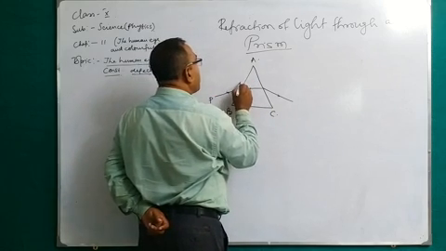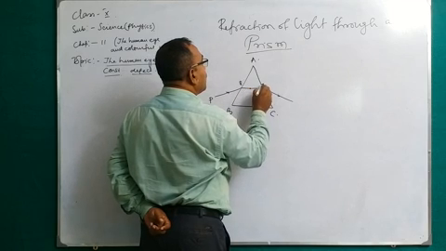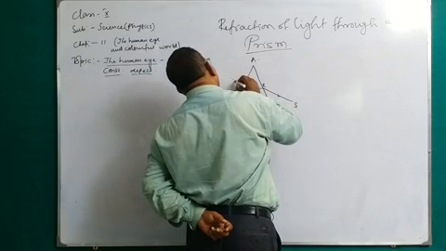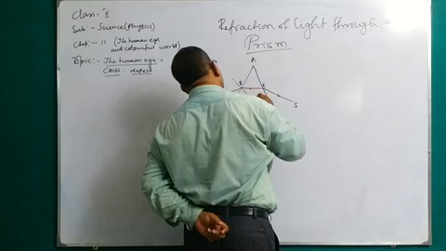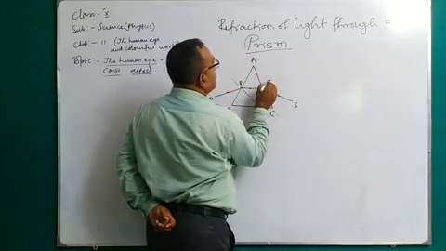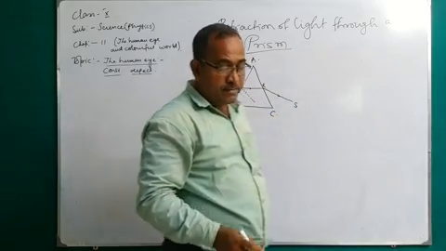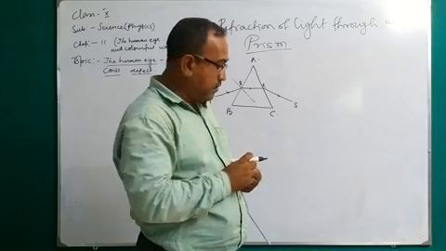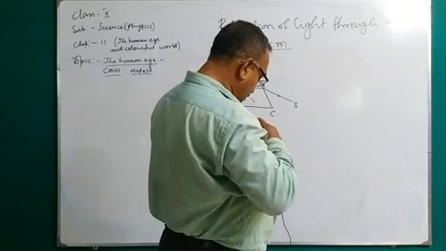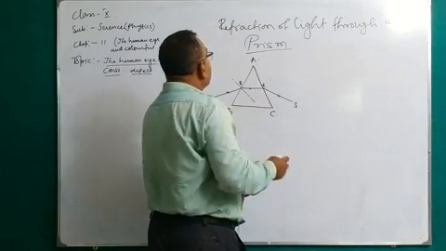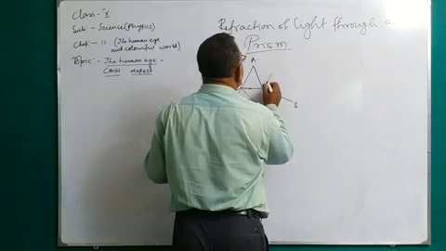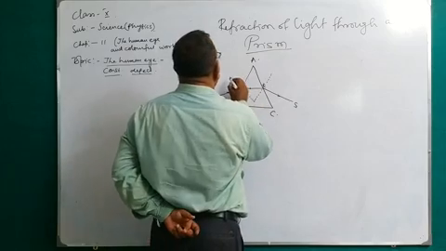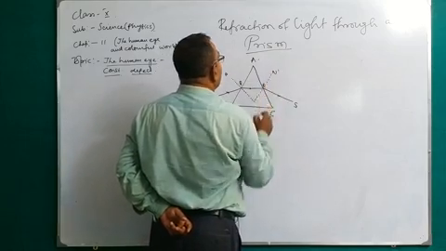P, Q, R, S. If you draw a normal on the first surface, and if you draw the normal on the second surface, both are the normals.